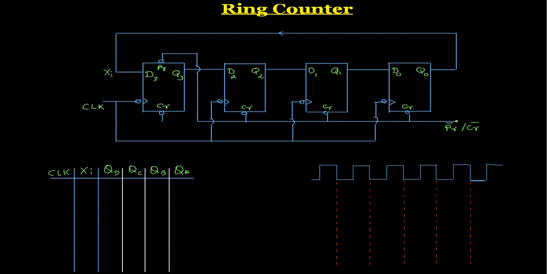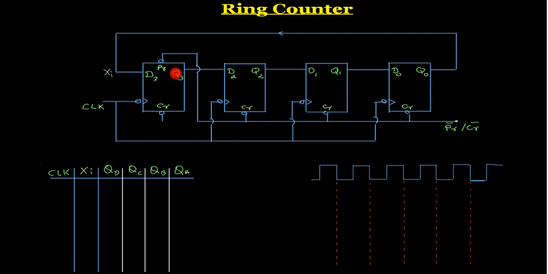Here the difference is that the output of the last flip-flop is connected to the input of the first flip-flop. Means here we use a kind of feedback in a shift register.